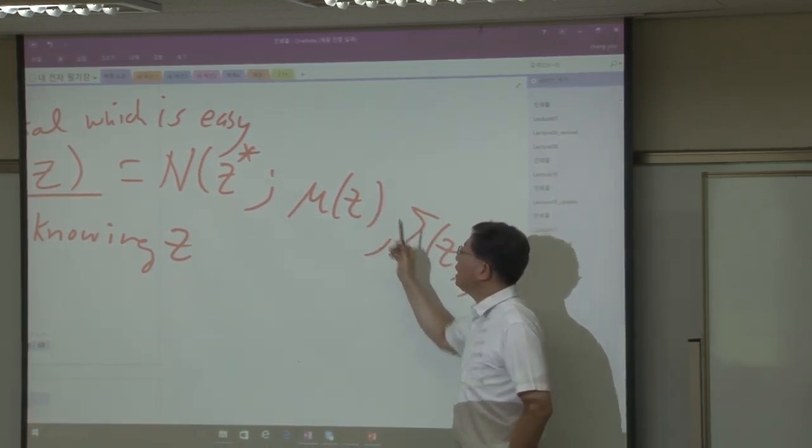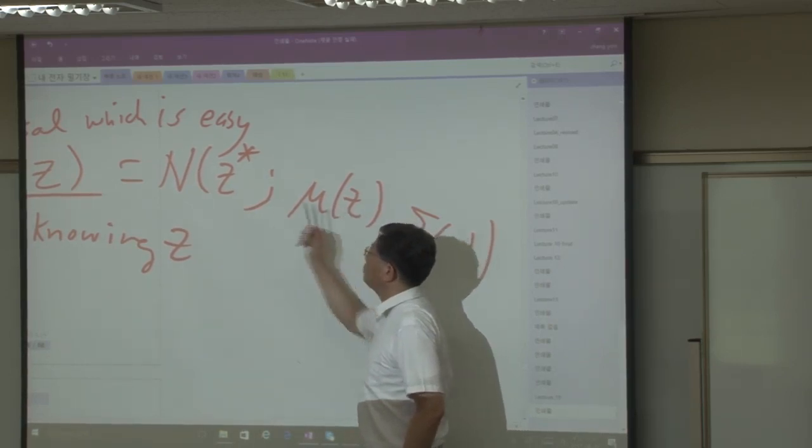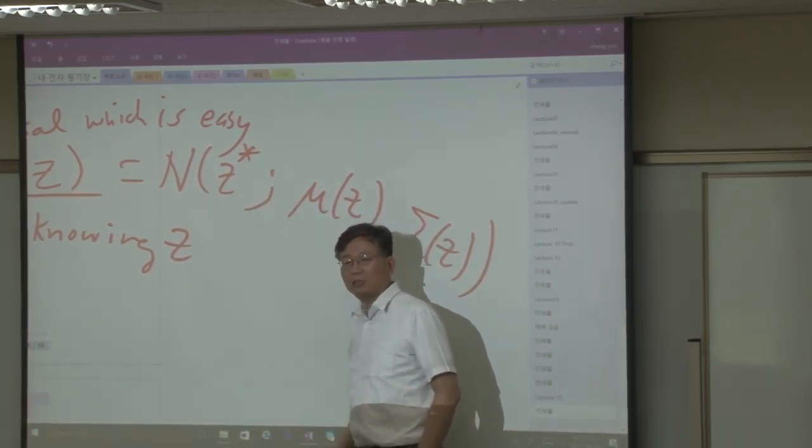Once these are defined, Z star is defined by this Gaussian.